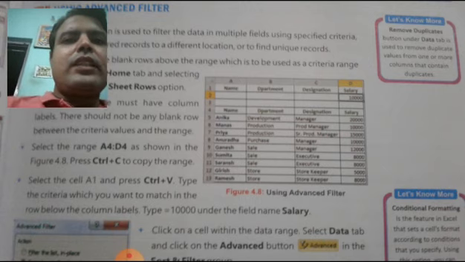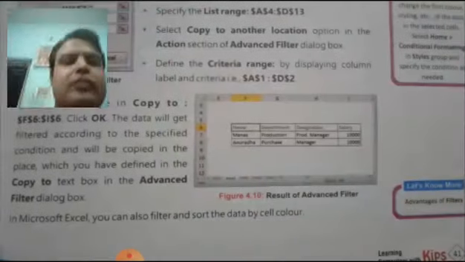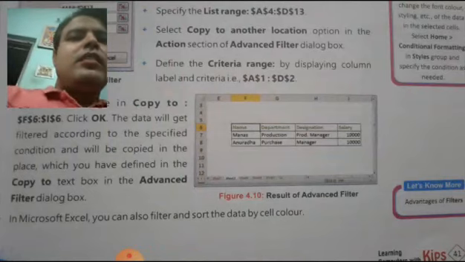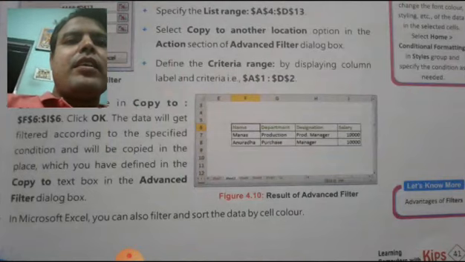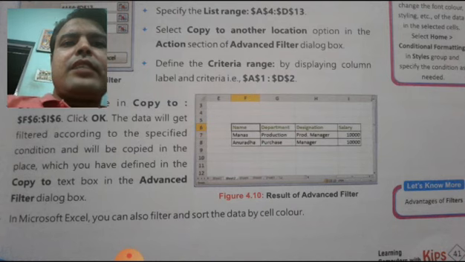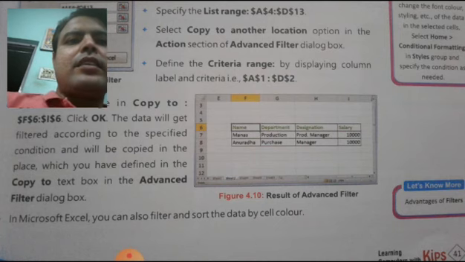The next is using data validation. Data validation is used to restrict, that is, prevent the cell entries within a specified range, that is, within a given range of cells. Excel restricts data entry to certain cells by using data validation.